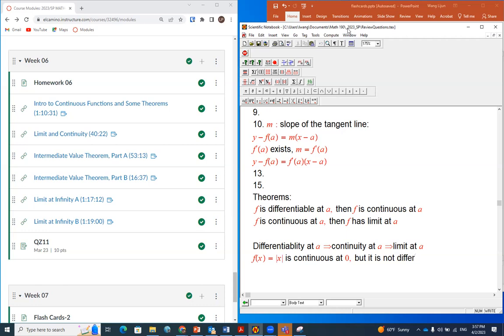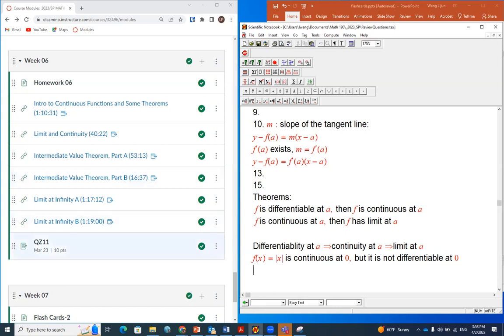We talk about this example in class. So continuity does not guarantee differentiability, but differentiability guarantees continuity and limit.